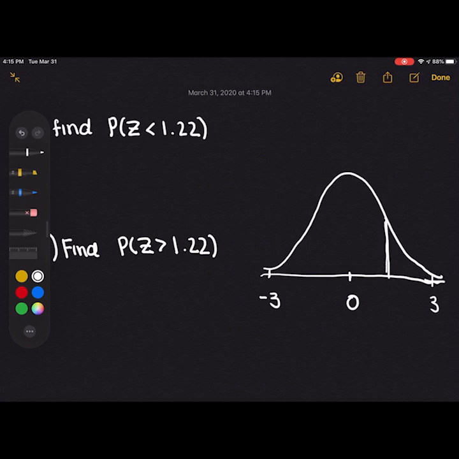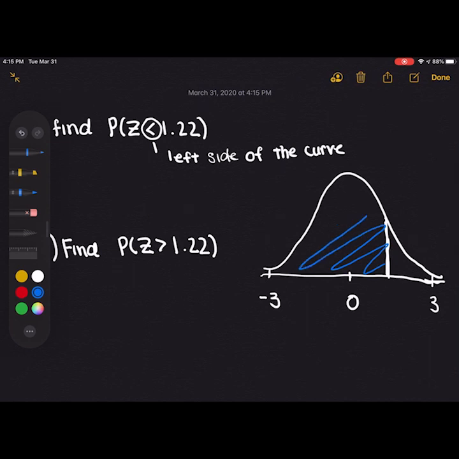This is just me guesstimating. Since it says less than 1.22, when it says less than, it always means we're trying to find the left side of the curve. So what this problem is asking is we're trying to find over here.